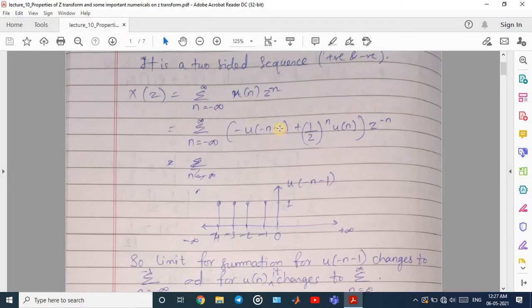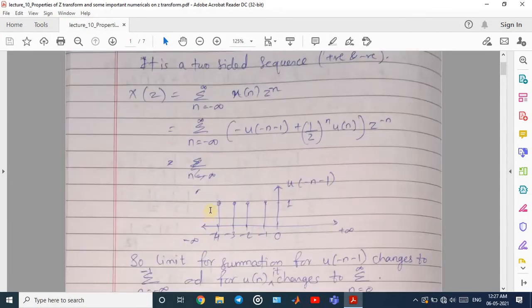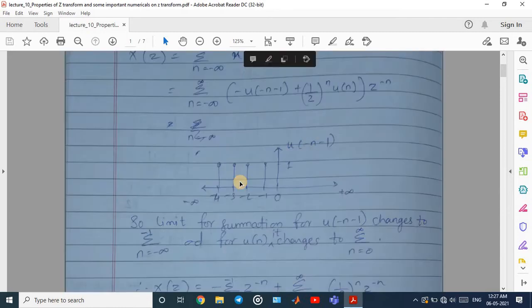There is a time shift of 1 in the negative side. This is the figure for u of minus n minus 1. We already saw this kind of example in the last lecture. This is the sequence we are going to draw, u of minus n minus 1, like this.